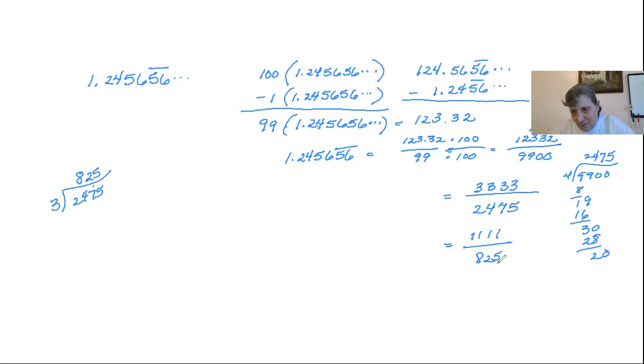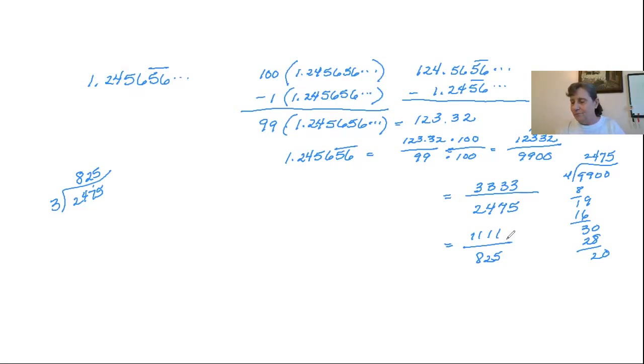Let's see, this will divide by 5, but that won't. I'm going to assume this is probably as far as it'll go. Let us cheat. If I had 1111 divided by 825, I get something different.